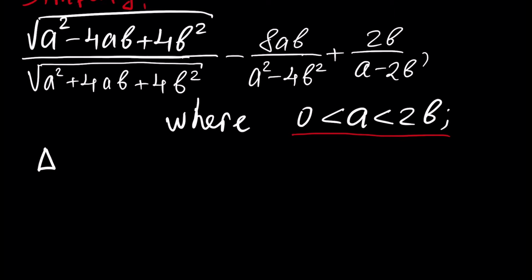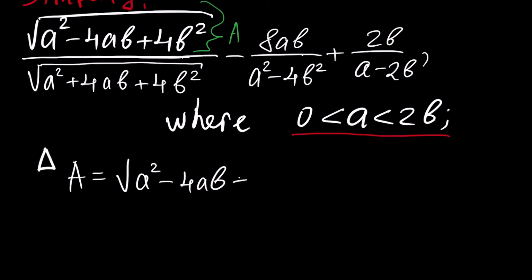First of all, let's denote the numerator of our first fraction as A, and write our A, which is equal to the square root of a squared minus 4ab plus 4b squared.